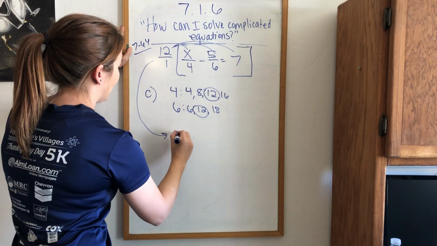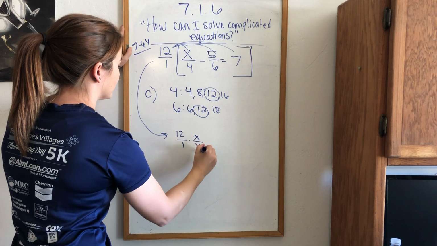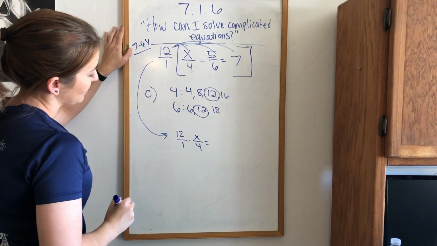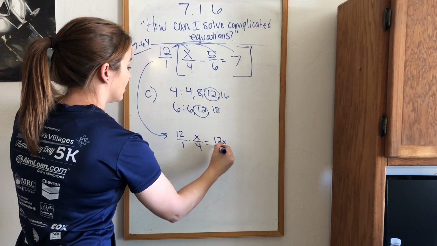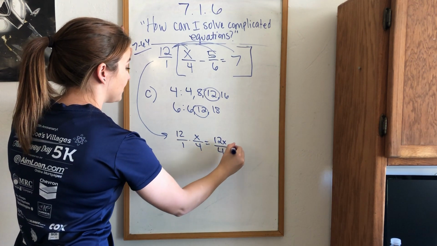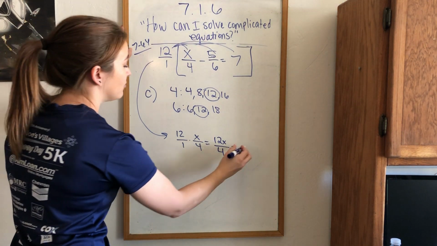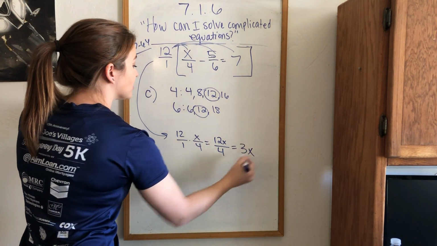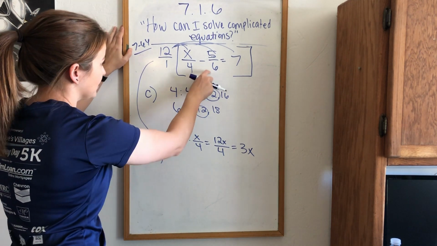So let's do 12 over 1 times x over 4 first. If I multiply across, I get 12 times x, which is 12x, over 4 times 1, which is 4. I can simplify that even more, because that just means 12 divided by 4, which is 3x. Okay, so that's the first term. Second term is this one.